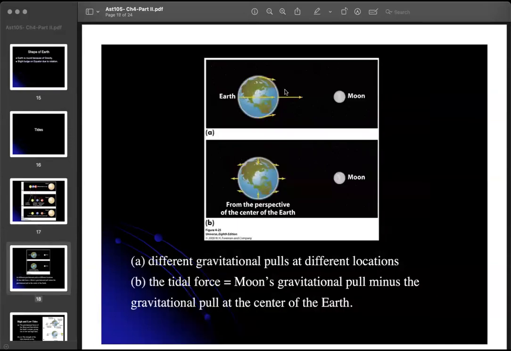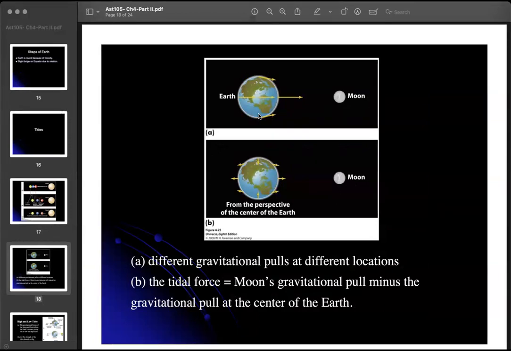Now let's look at how the gravity of the moon works on the Earth. And these different arrows show the strength and the direction of gravity of the moon on Earth.